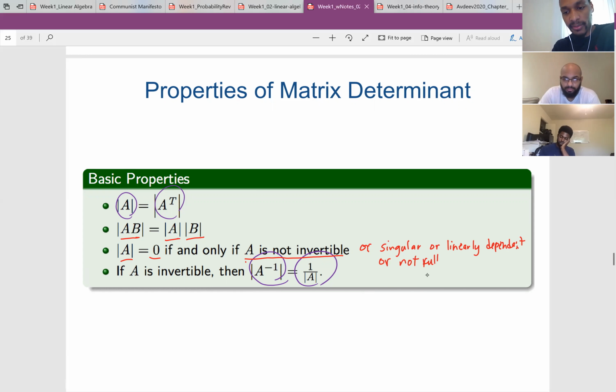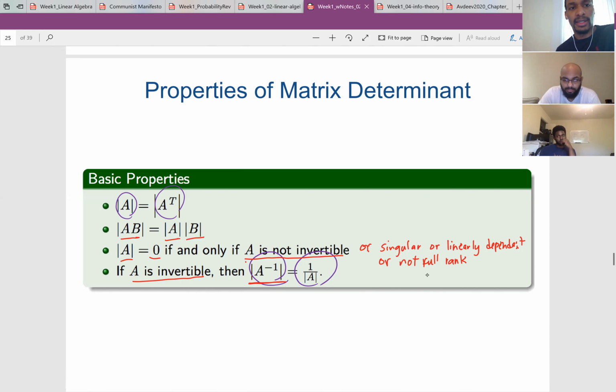So it's all kind of the same terminology. If A is invertible, then the determinant of the inverse is equal to 1 over the determinant of A.